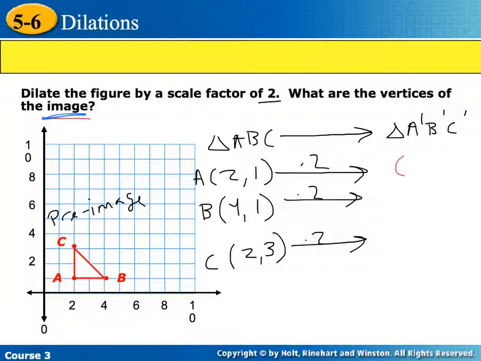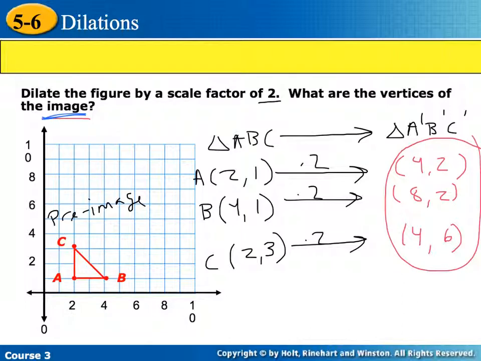My new vertices are (4, 2), (8, 2), and (4, 6). And I am done. I found the vertices of my new triangle right there.